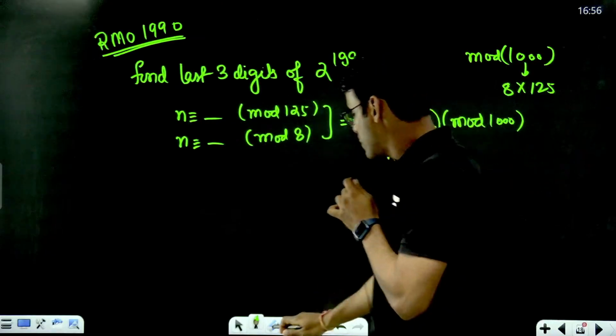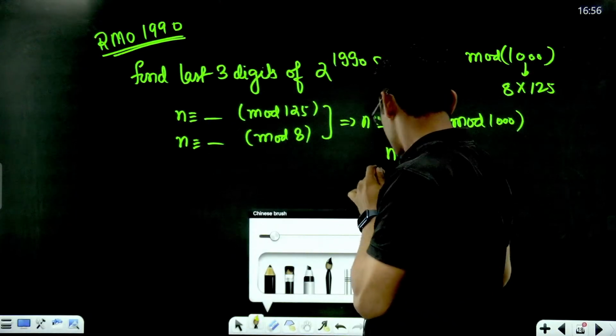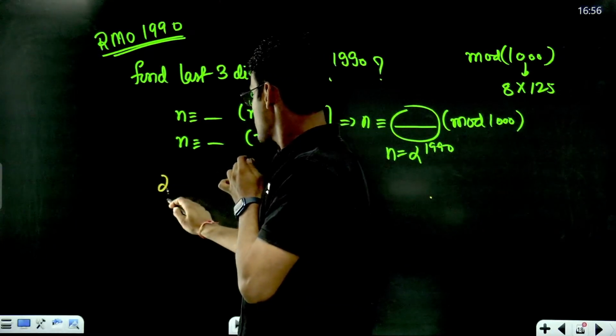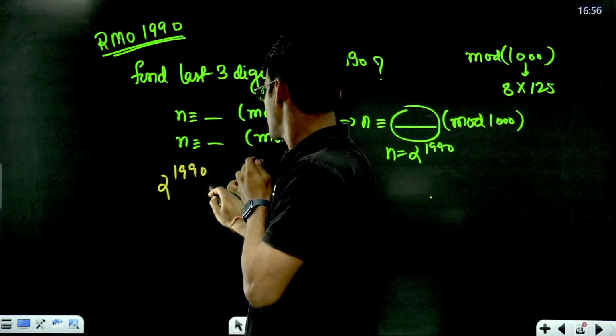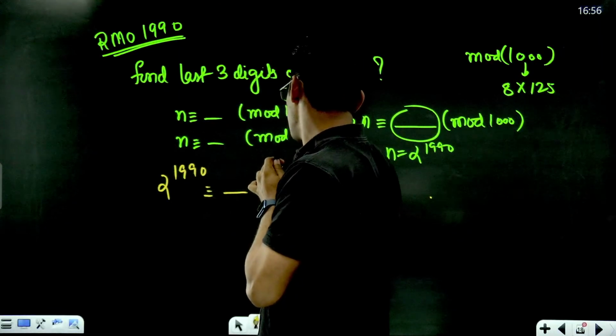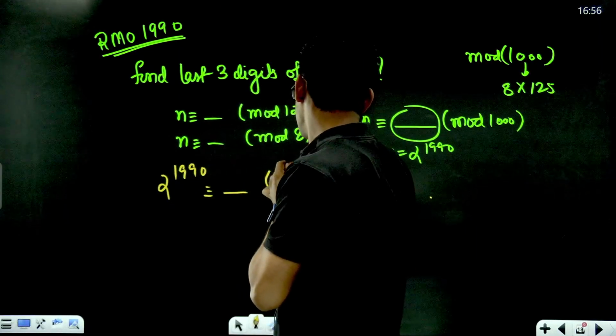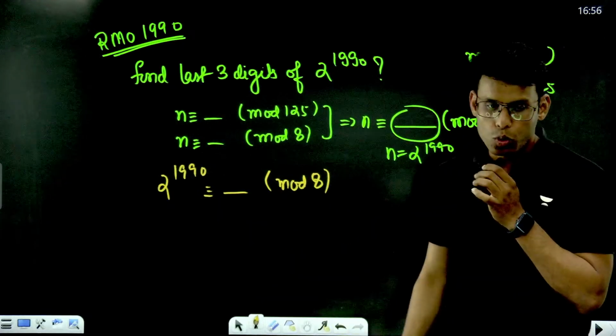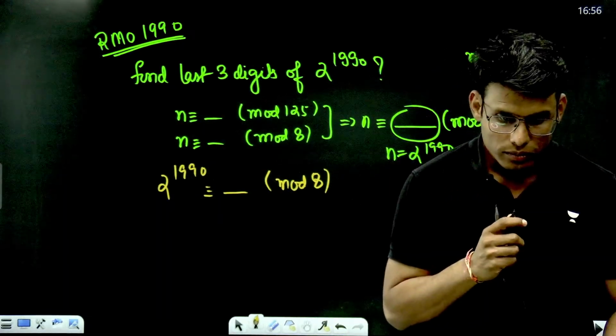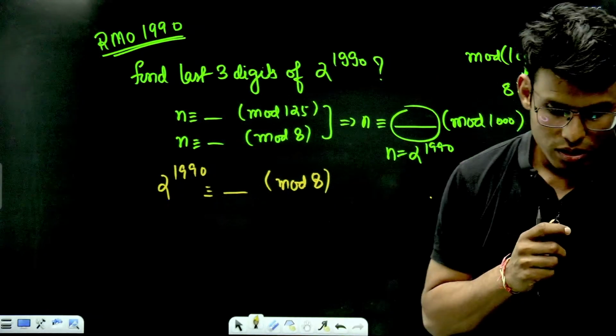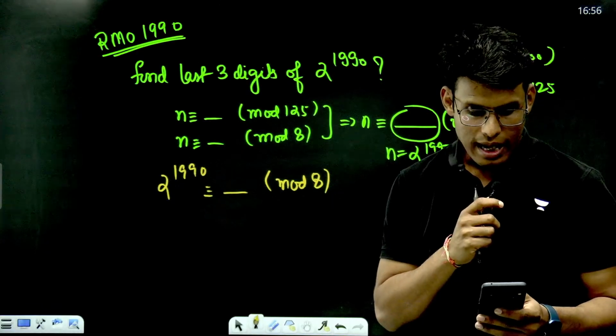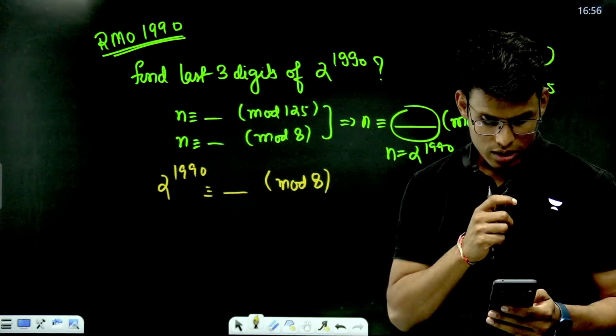So what you need to help me here, I am very weak in calculation. Can you tell me what is 2 to the power 1990 mod 8?